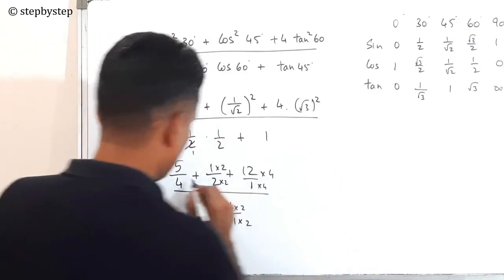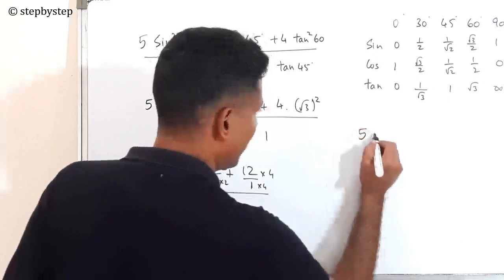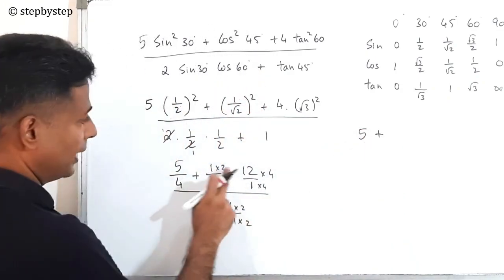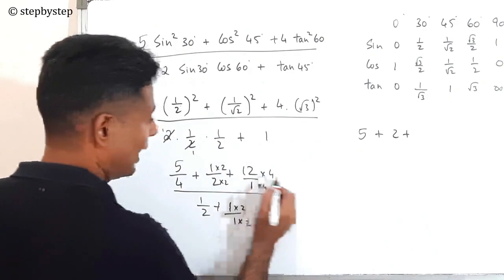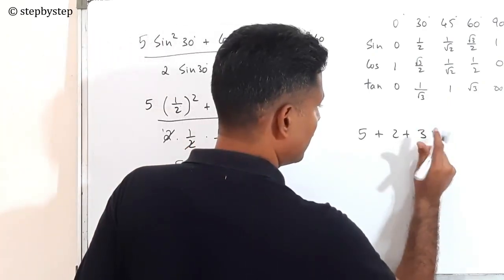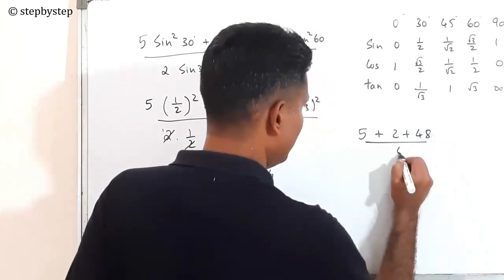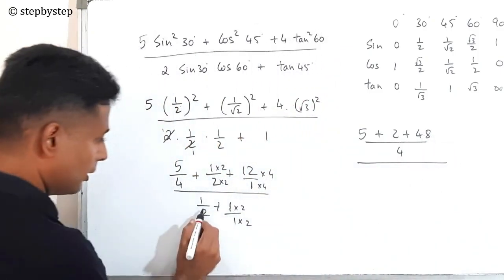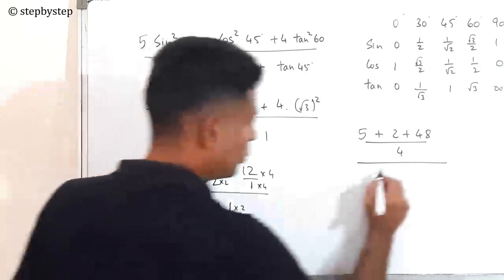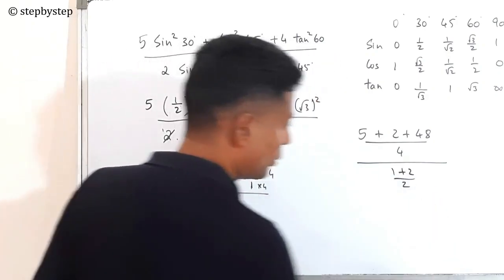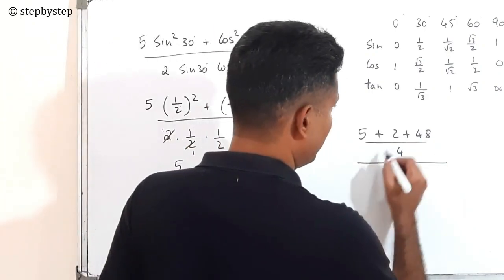Now we get 5 plus 1 into 2, 2, plus 12 into 4, 12 4s are 48, whole divided by 4, and here you get 1 plus 2 by 2. So we get 48, 50, 55.